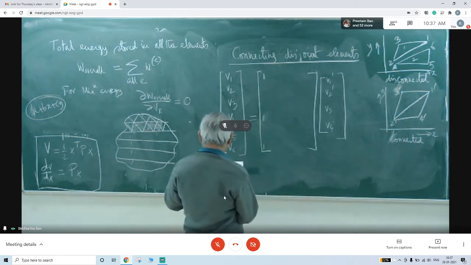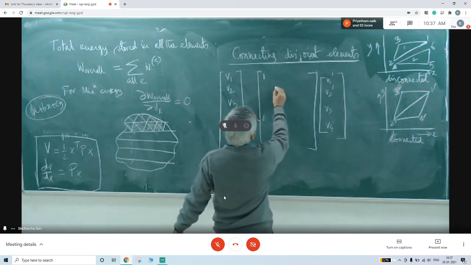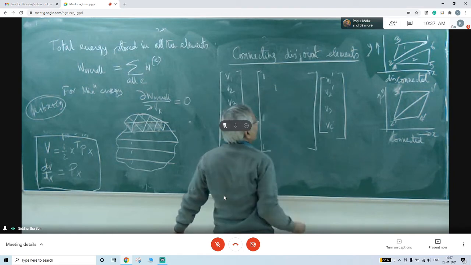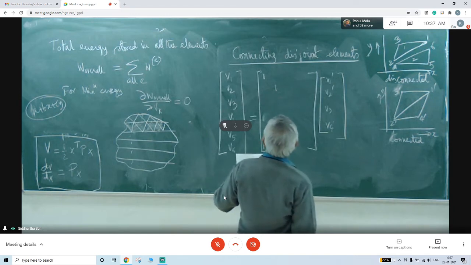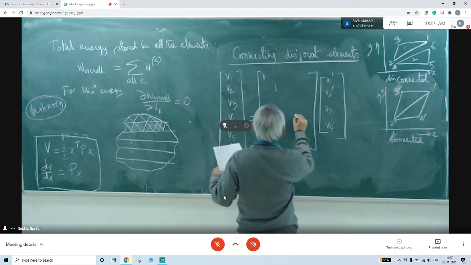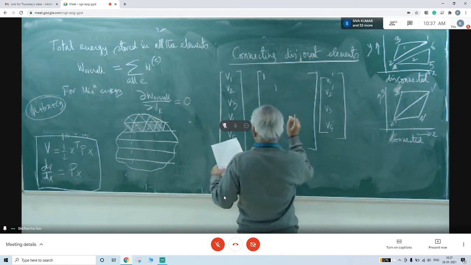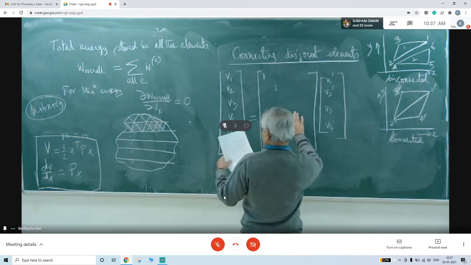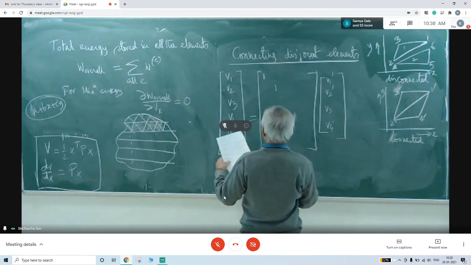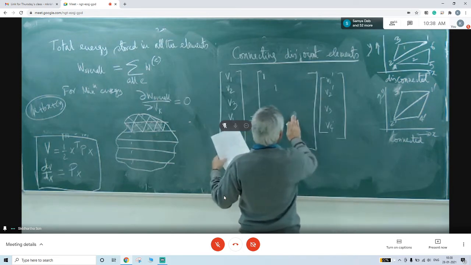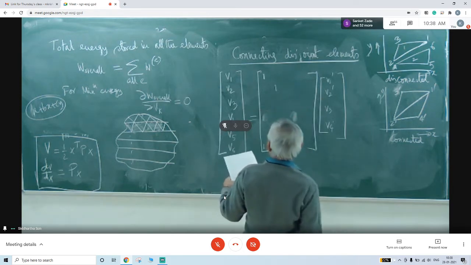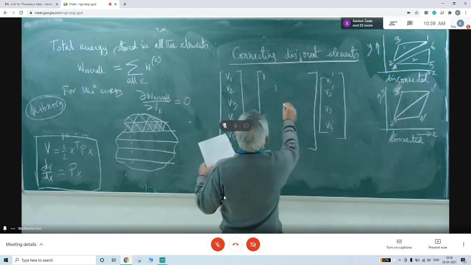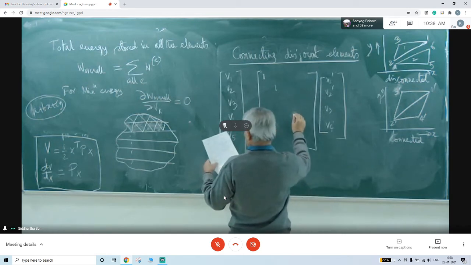Similarly, I can write that V2 is the same as V2 dashed, but point 4 is also an element there. That is basically 1, 2, 3, and then 4 here.